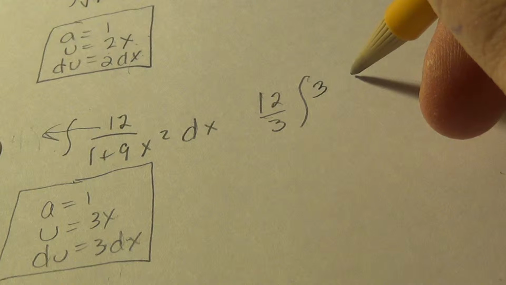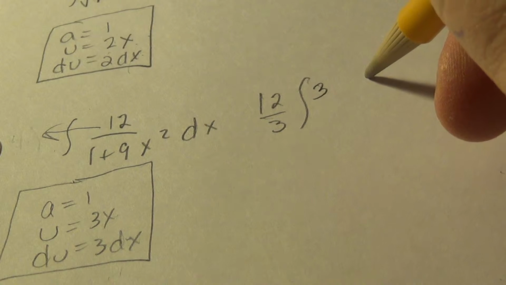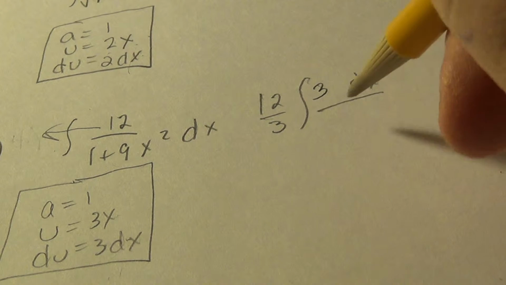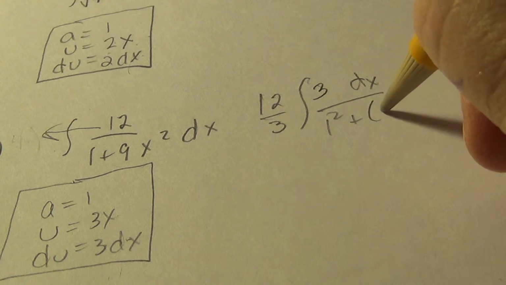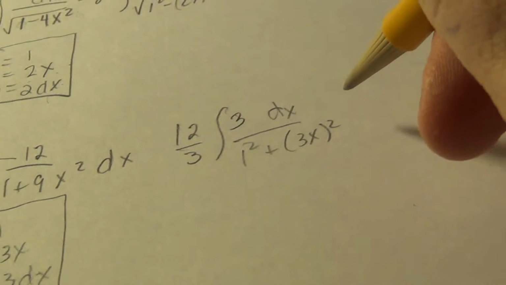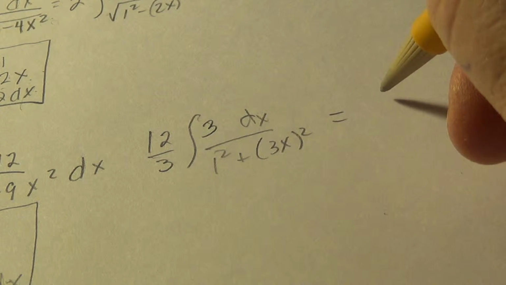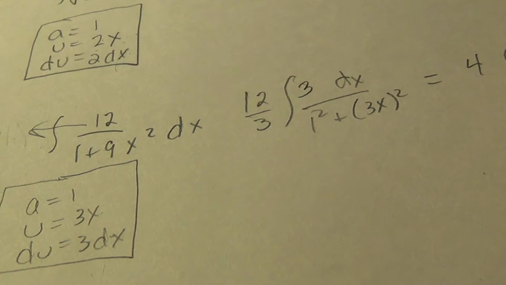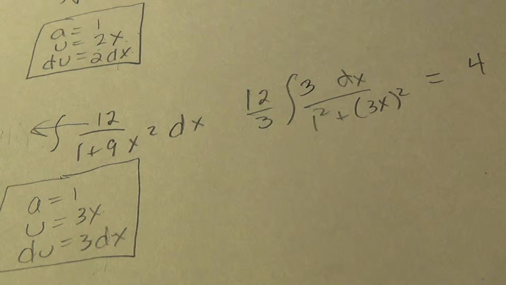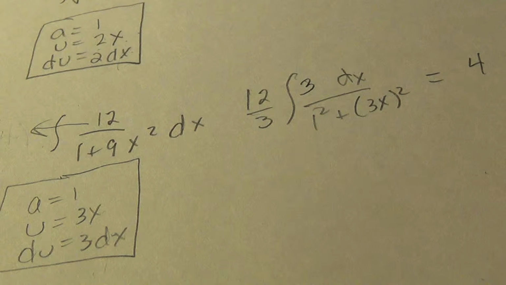And then I would have dx over 1 plus 1 squared plus 3x quantity squared. So moving into u land, the 12 over 3 becomes a 4. This is a du over 1 plus u squared.